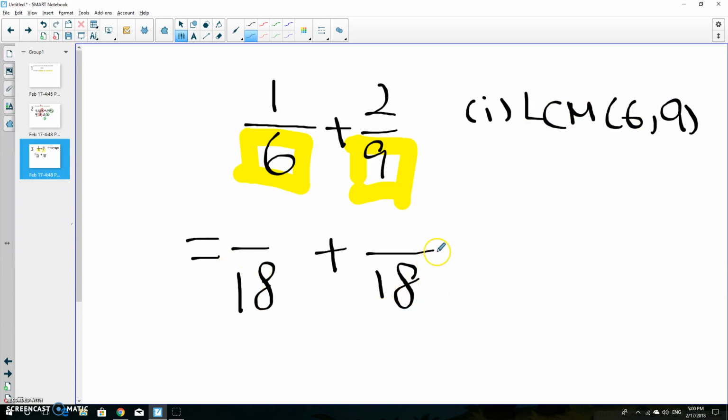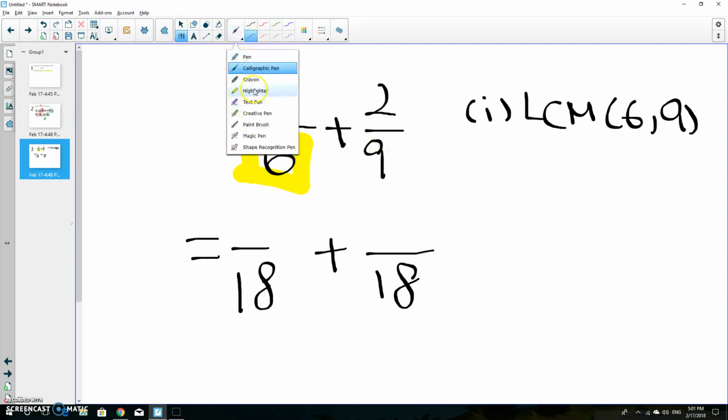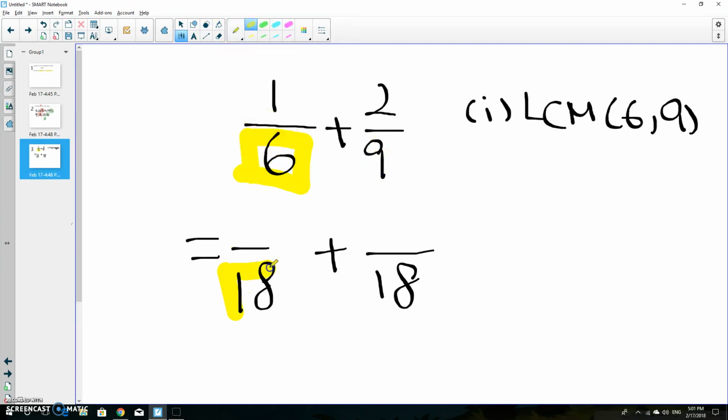Then second, you have to look at these individual numbers over here. Let me get rid of this highlight because, oops, I got rid of the 9 too. One second. So I want to pair up my denominator, from 6 going up to 18 with multiplication.